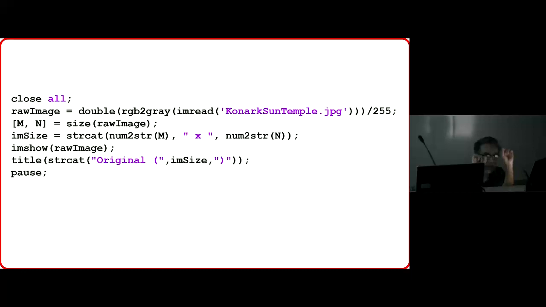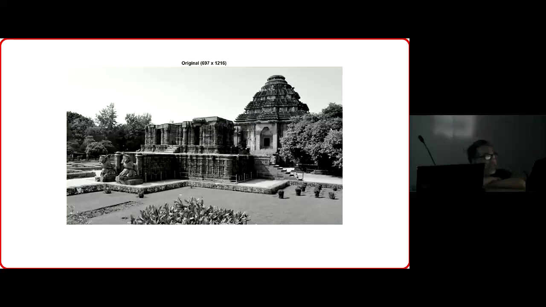Okay, and its entries will be between 0 and 1. Real numbers. And the size of this matrix is m by n. So the original image was m by n. Okay, and then what I'm doing is show raw image. And that's the command to show the image. This is the original image, and this is the dimensions of the image. Okay. So the rank would be 697.